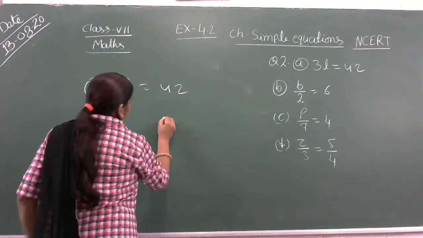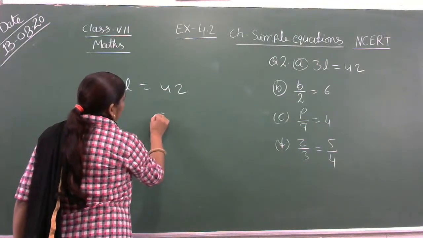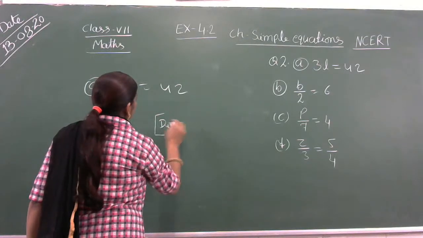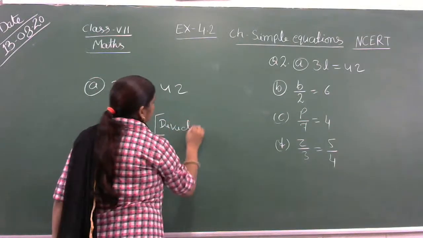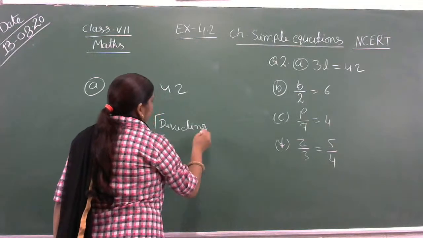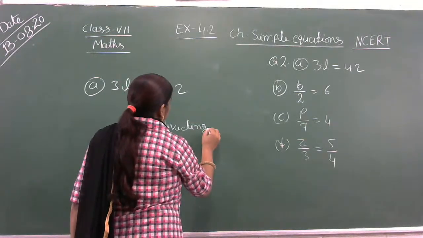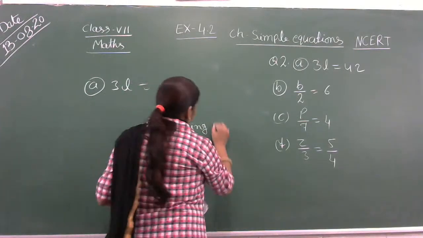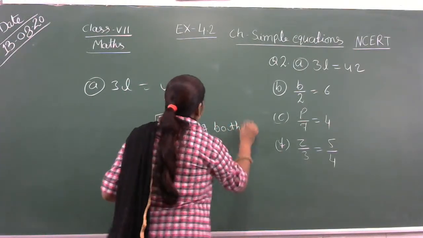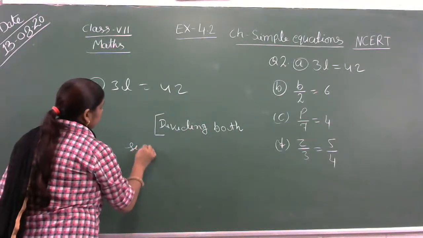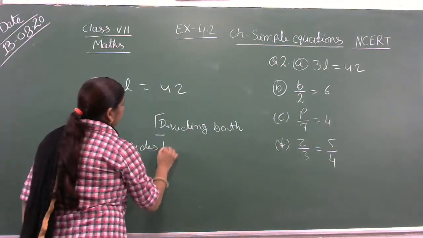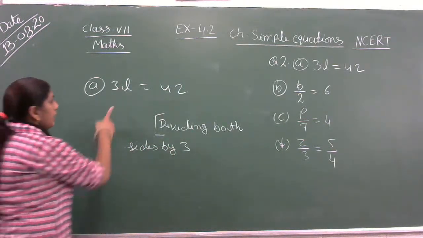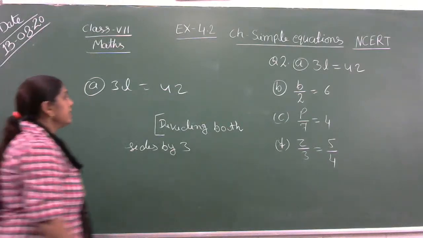So what do we have to do? Dividing both sides by 3, because it is multiplication and we have to cancel the 3. That's why dividing by 3.